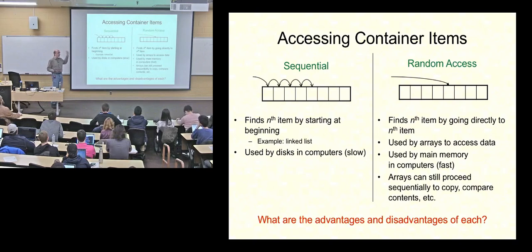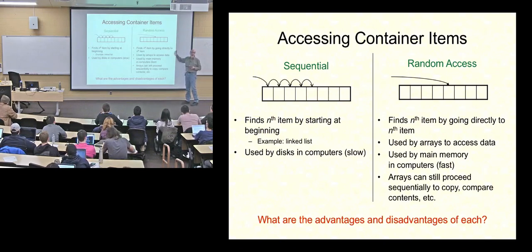We need to decide, how are we going to store the data internally? Am I only going to allow sequential access like a linked list, or am I going to allow random access to my container, like you can skip directly to index k? So linked lists and deques are basically our examples of sequential containers. Random access is used by array, vector. Deque actually has an O of 1 square brackets operation.